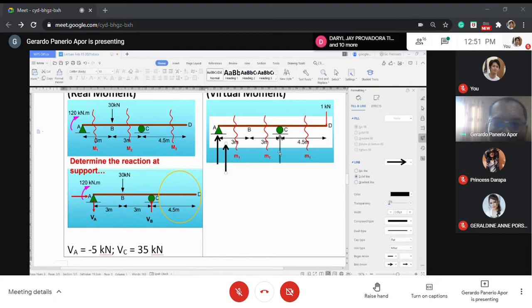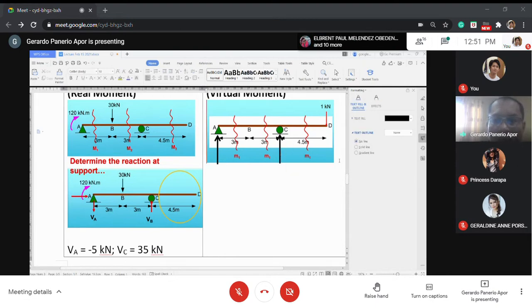Okay, so now if I'm going to determine reactions, I can say that VE is equal to 4.5 divided by 6, which equals minus 0.75.